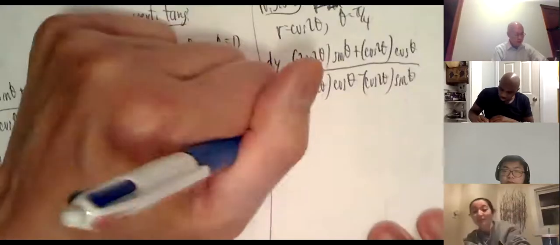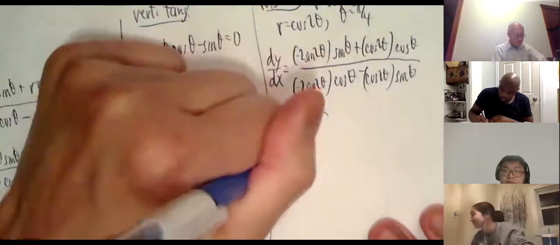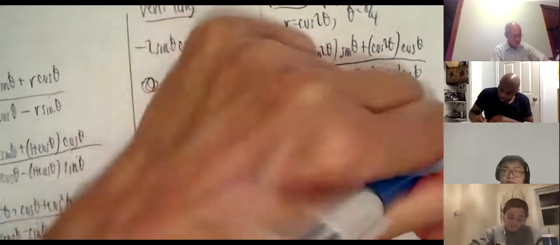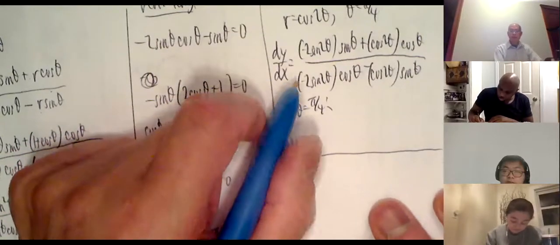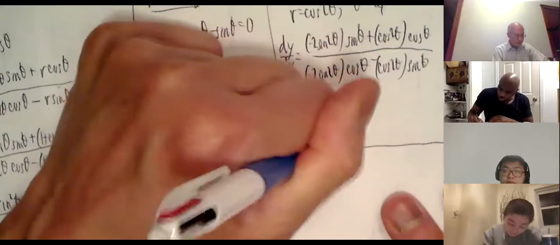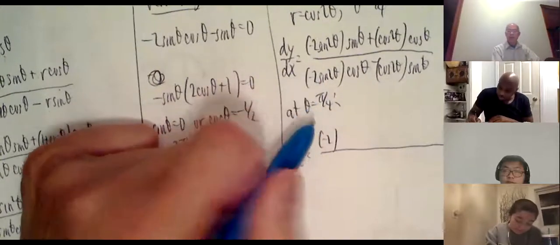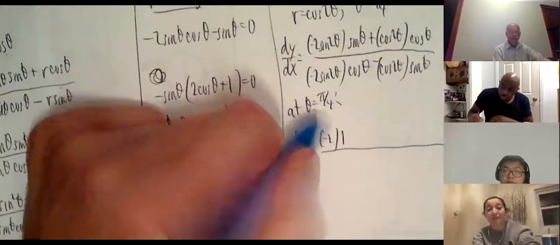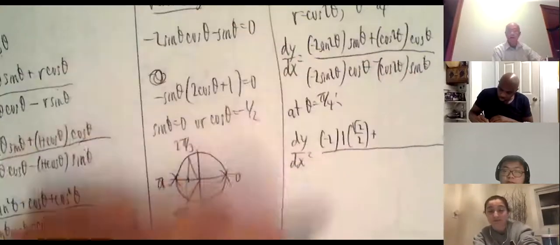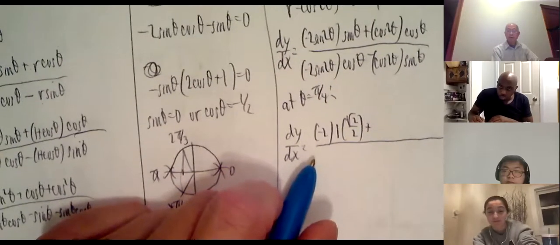Okay, and I'll just plug in pi over 4. On top, negative 2 times the sine of double the angle, sine of pi over 2 is 1. Sine of theta, sine of pi over 4, radical 2 over 2, plus, I might as well just copy this.